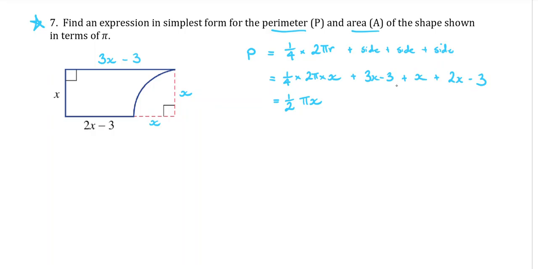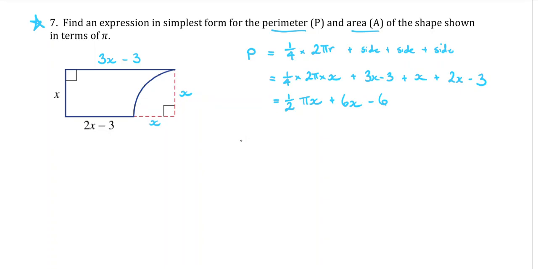Then these other ones at the end here, we're going to collect like terms. We have 3x plus x, so 4x, plus another 2x makes 6x. Then minus 3 minus another 3 would make minus 6. All right, so that would be our expression for perimeter in terms of pi.